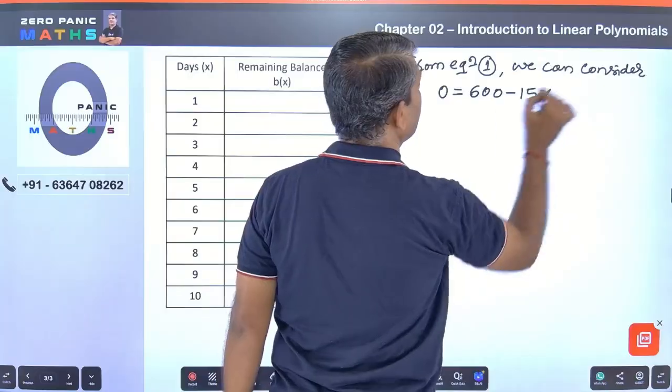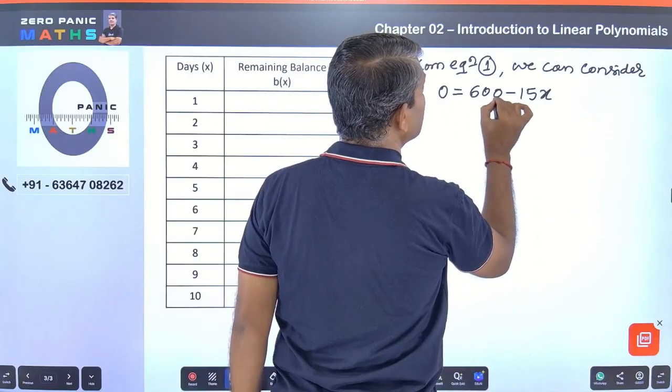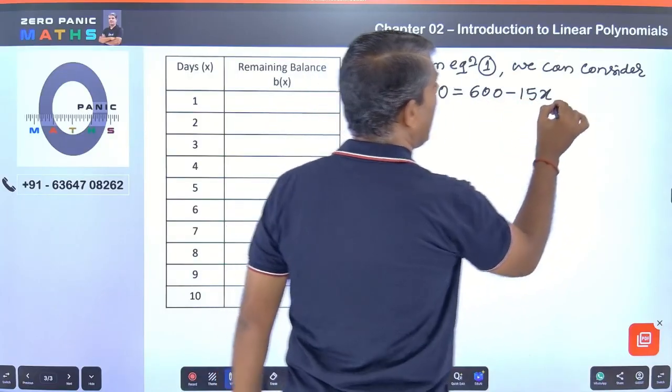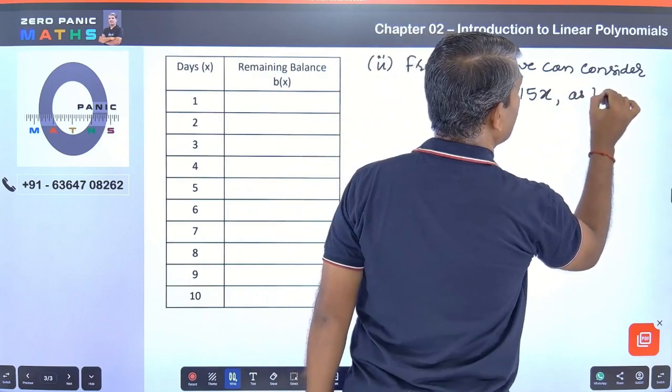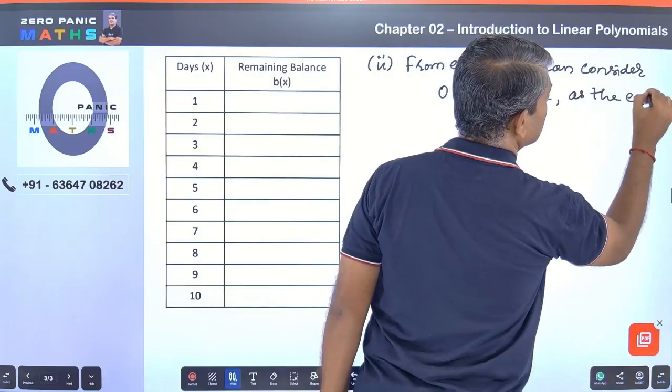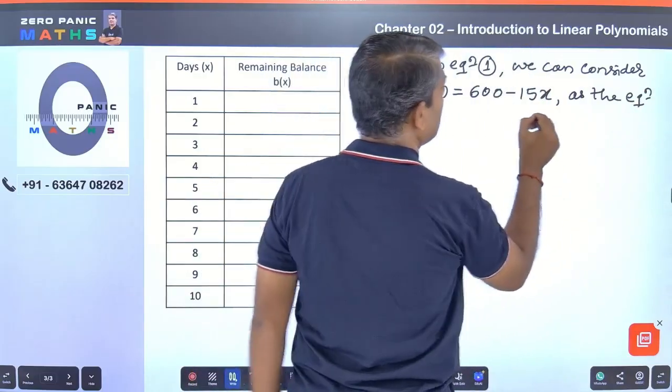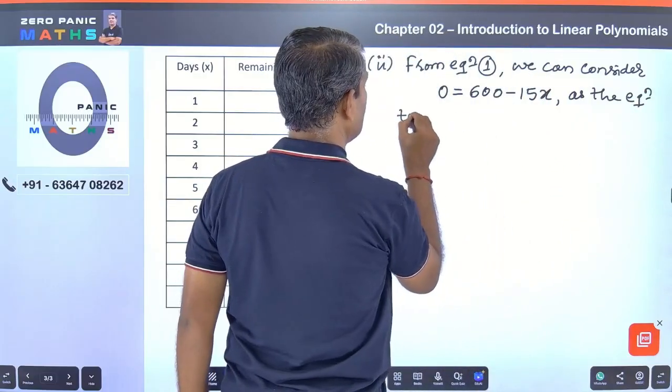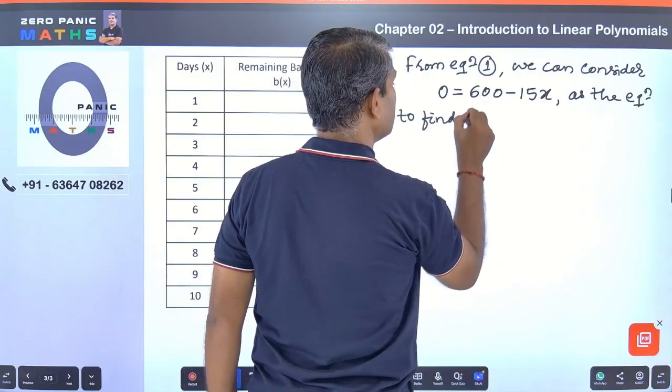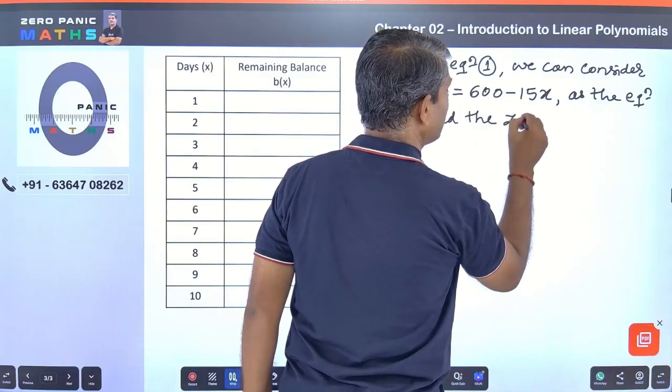So we can consider 0 equal to 600 minus 15x as the equation to find the zero balance.